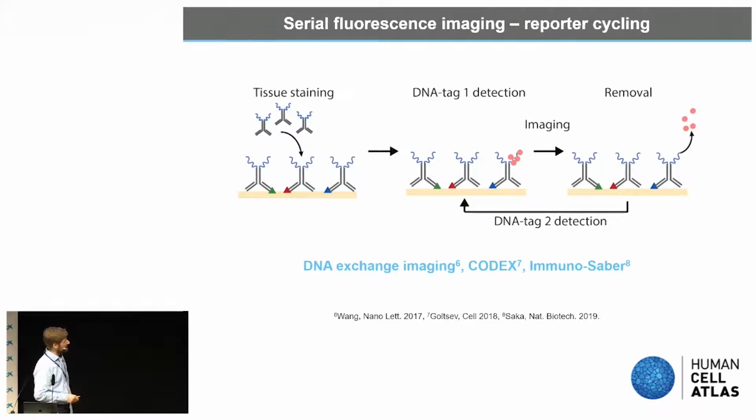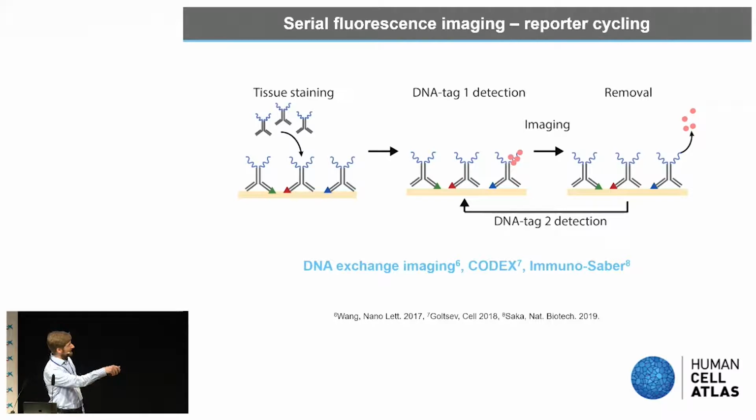To overcome this, recently there were several nice papers where they used DNA-labeled antibodies, where you can stain with all antibodies at the same time. Then what you're actually cycling are the readouts of the DNA tags. One method is Codex from the Nolan lab. The other one is Immuno-SABER, which has an additional amplification step.